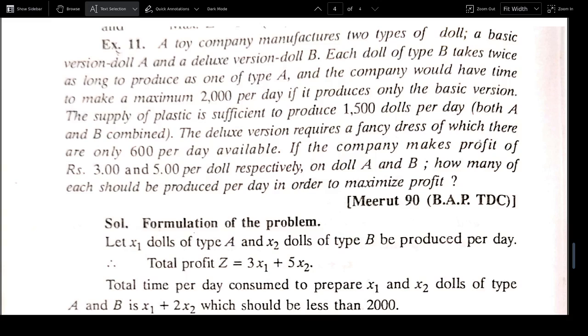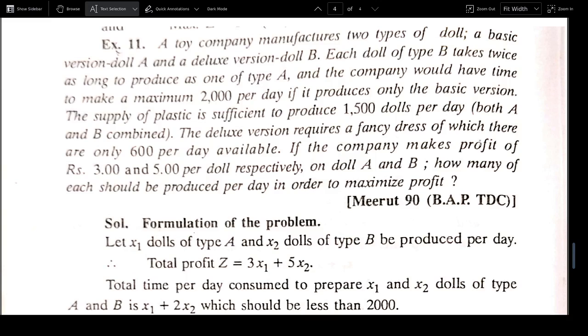Next, similarly, what is given? Total time per day consumed to prepare x1 and x2 dolls of type A and B is x1 plus twice x2, since type B takes twice as long. This should be at most 2000.